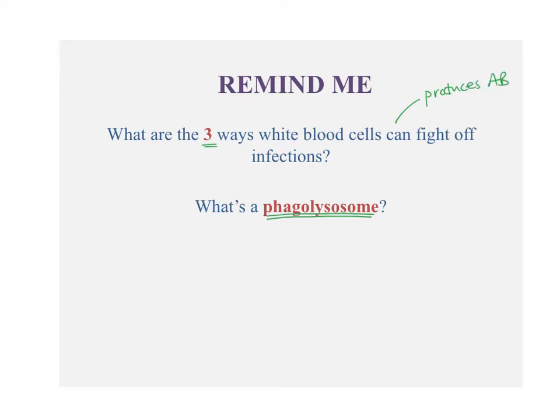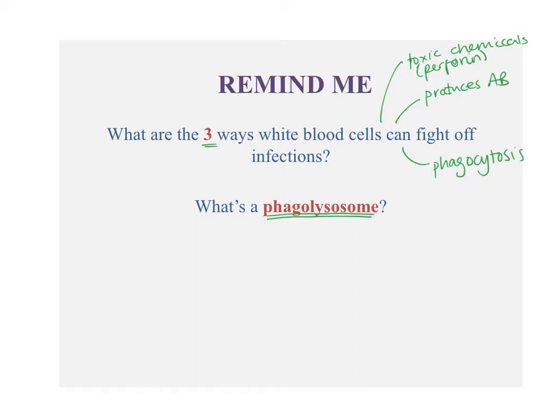We can say that the white blood cell is going to undergo phagocytosis, or we can say that the white blood cell is able to produce toxic chemicals which destroy the pathogen, like perforin. Remember that's going to form perforations in the cell membrane, the cell wall, and cause it to burst.